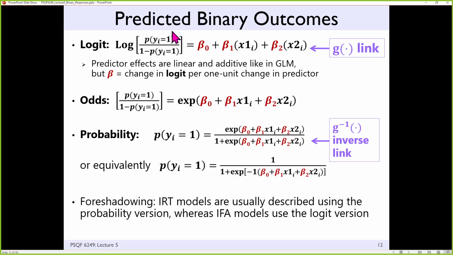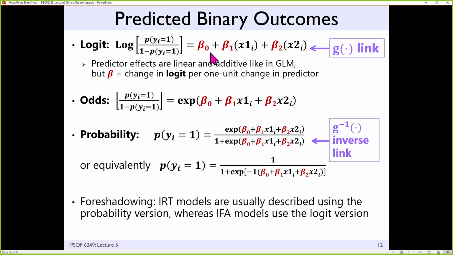Odds is the part in brackets here. So this is logit, log odds. Once we do that, the interpretation of all of our fixed effects in our regression model here is exactly the same. The only catch is that rather than saying expected outcome, we say expected logit outcome.